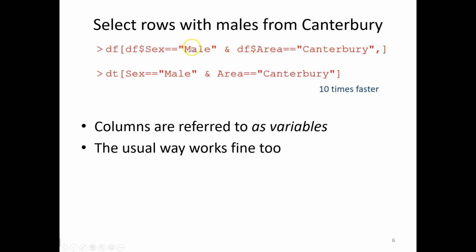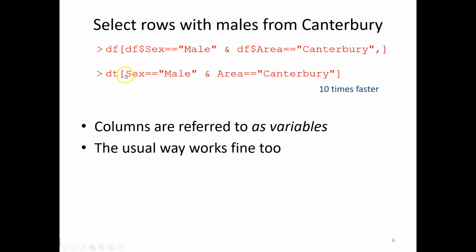If you want to do this on a data table, you can write dt, sex equals male and area equals Canterbury. And as you might notice, there's no dt$ here, and that is because columns are automatically referred to as variables in a data table.